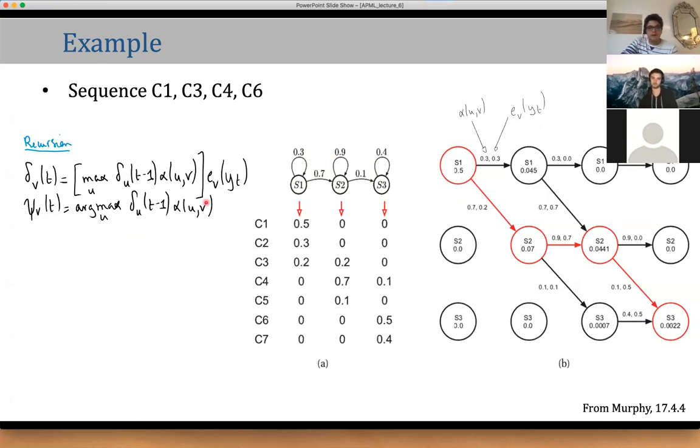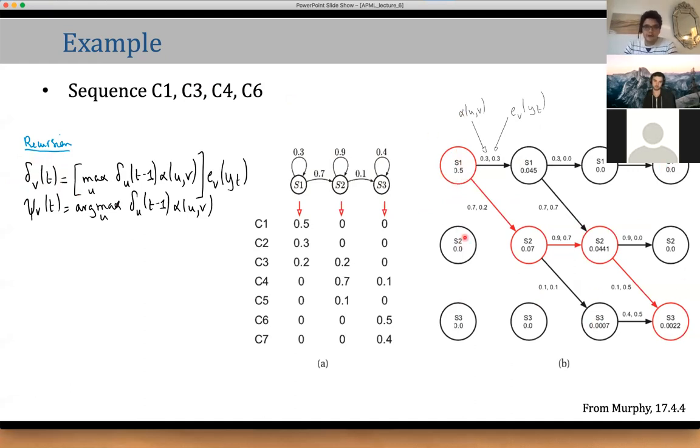The same way as for the forward, you can keep your max probability of a sequence, given that you land on state 1, state 2, or state 3. So you have this matrix again of max probabilities. Position 1, position 2, position 3, position 4.